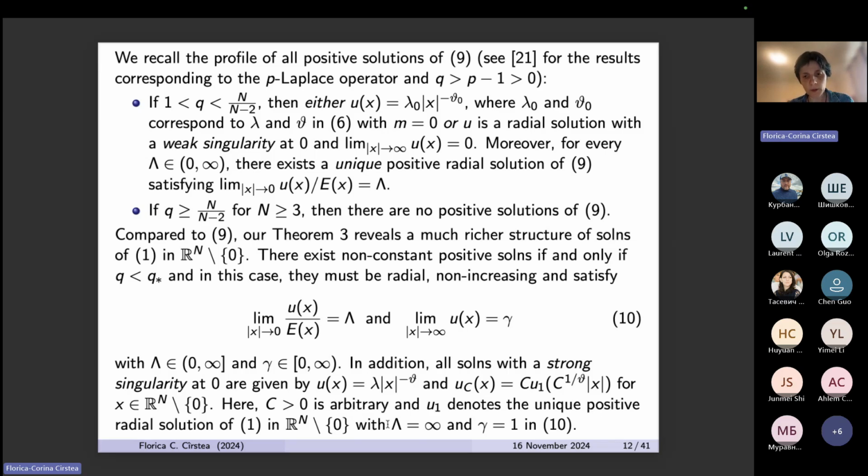And of course, strong singularity means that capital lambda here is infinity. And u index c behaves like this strong singularity power form near 0, and at infinity has limit gamma. So you see that we have extra solutions because of this behavior at infinity. The limit of u is gamma, and gamma can be any non-negative number.